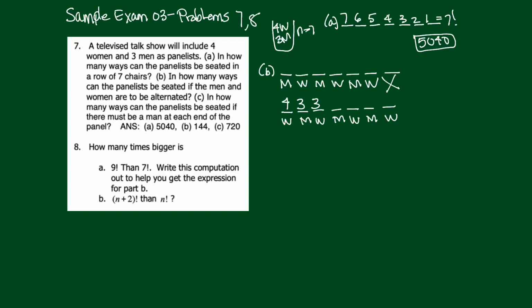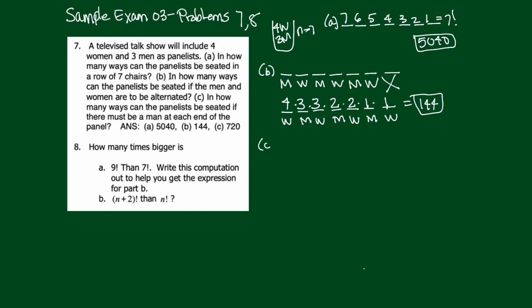Then a man. Well, we've selected 1 of the 3 for that second position, so there's 2 left. And the women, we've selected 2 already out of the 4, so there's 2 left. There's 1 man left, and then 1 woman left. So we're just going to multiply those together. I'm going to get 144 out of that.